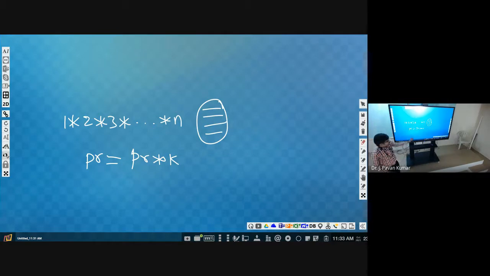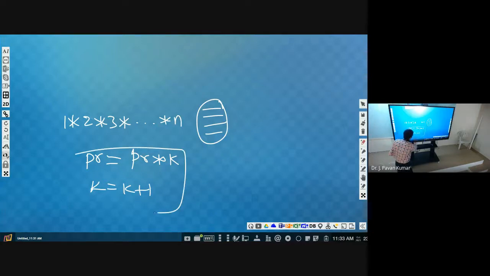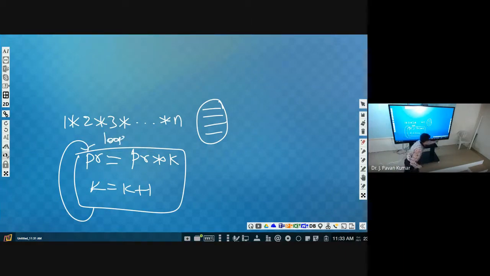What is the value of k? The k value varies from 1 to n, so k should be incremented: k is equal to k plus 1. These two instructions we will be repeating several times. This particular one we call a loop.